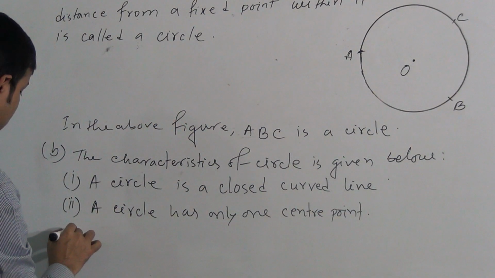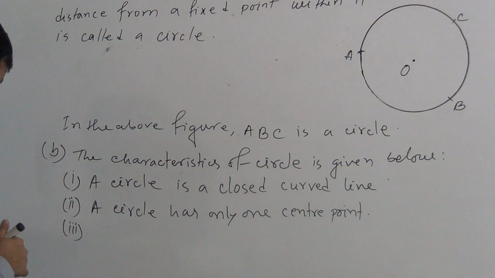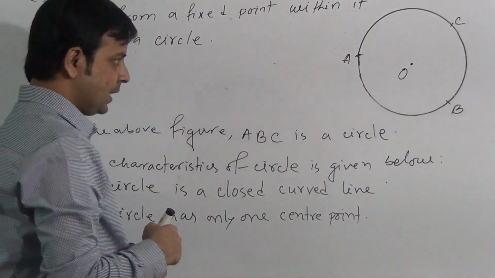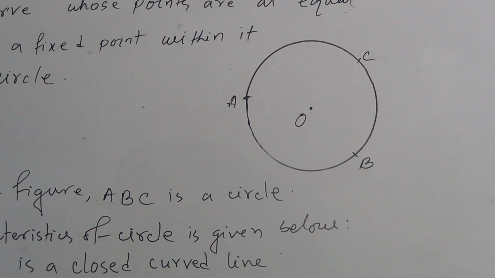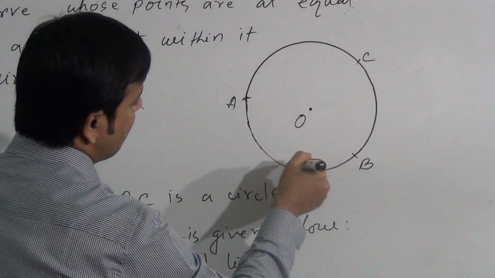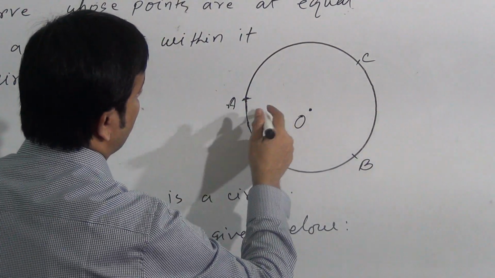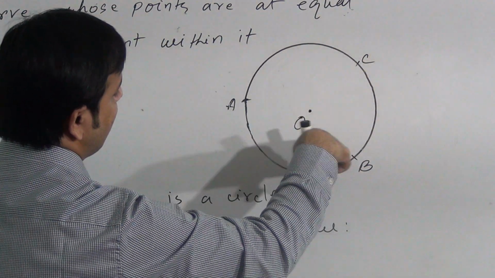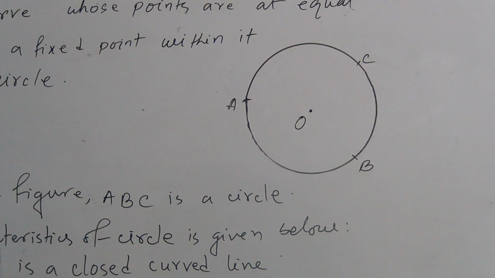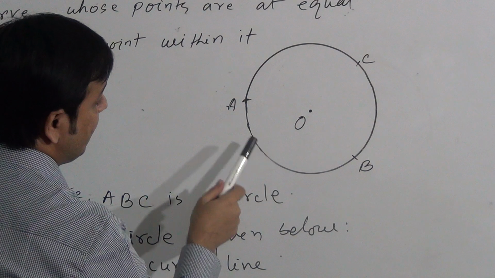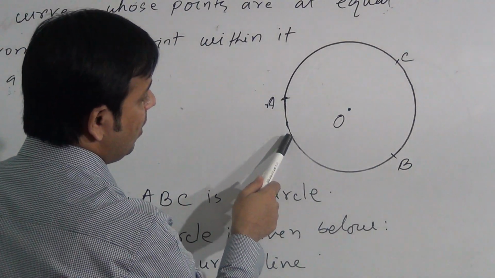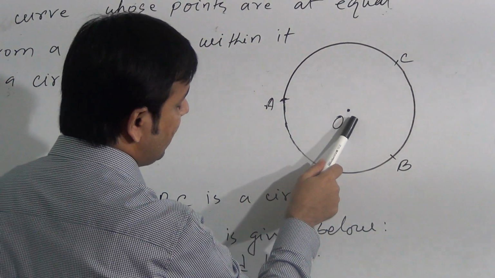Now third characteristic. Students, now see here the distance of this curved line, it means distance on the points of circumference. This curved line is known as circumference. Distance on the circumference means distance of the points of circle are equal from the center.